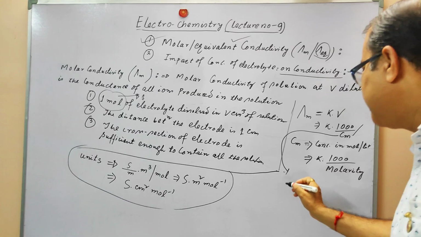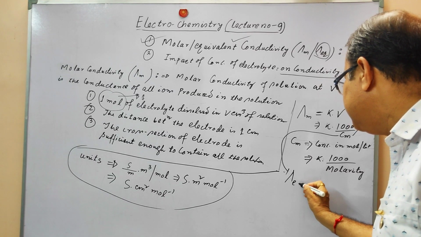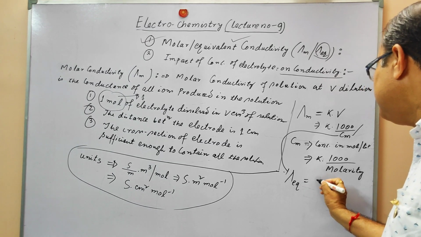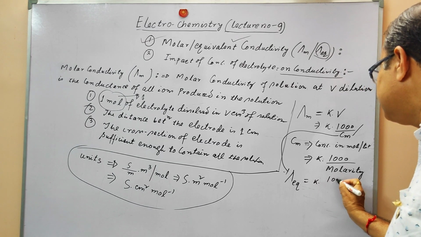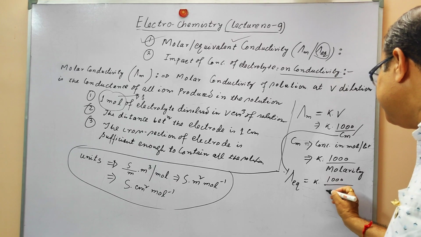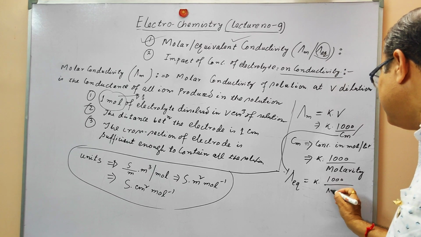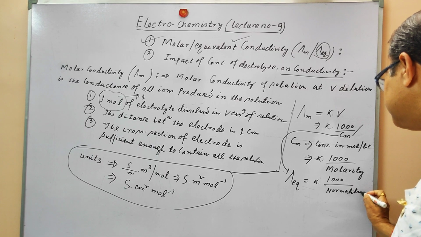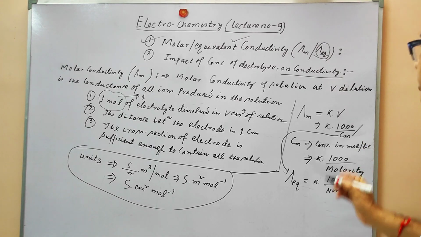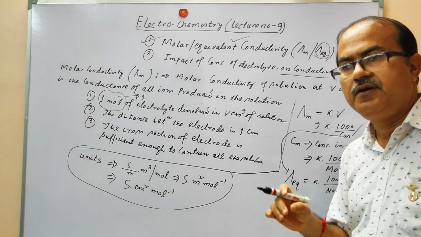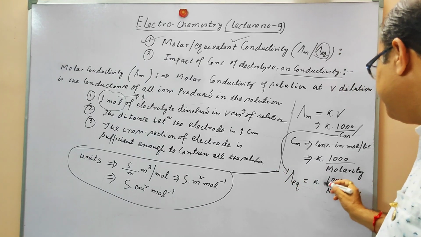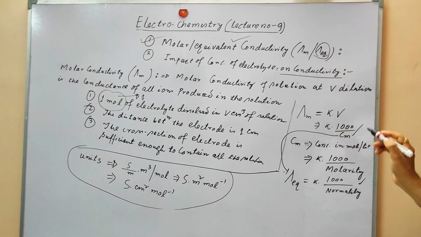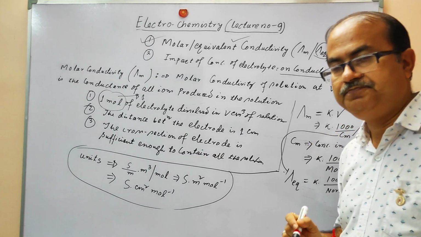Further, you can write the equivalent conductivity as K into 1000 divided by normality, because here the concentration is in terms of gram equivalent per liter. So we get the equivalent conductivity.